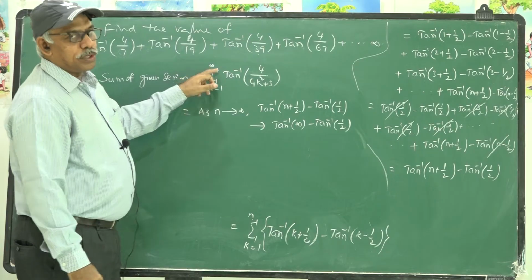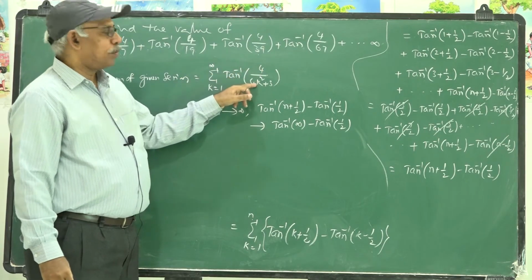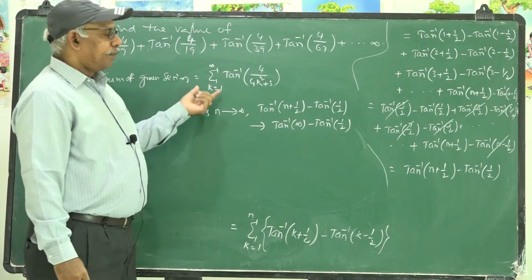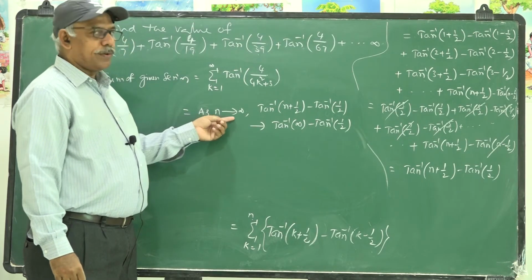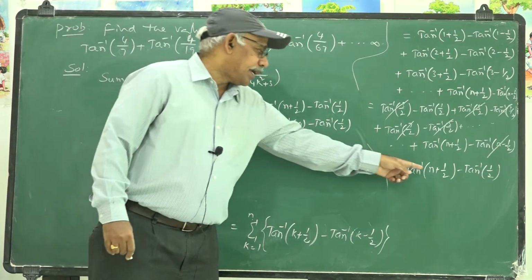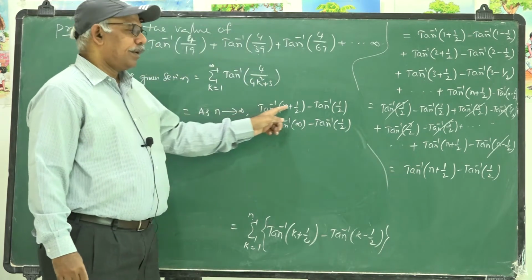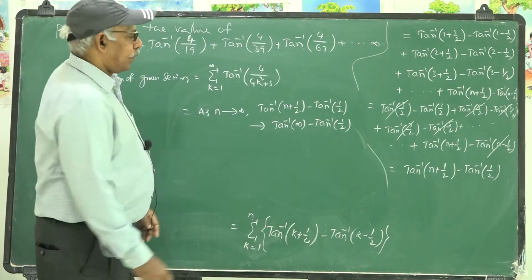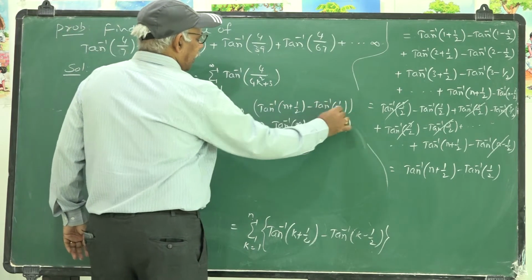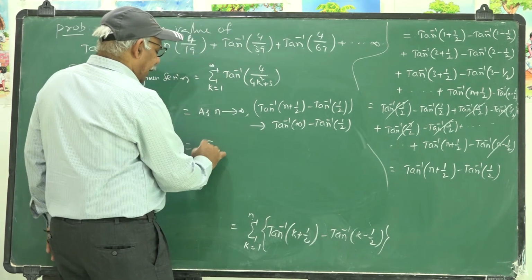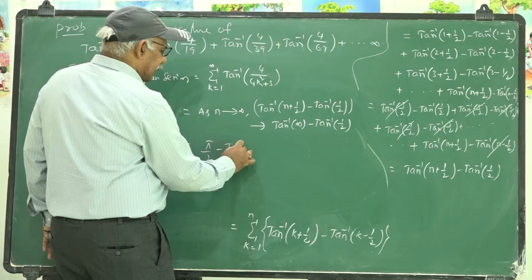The sum sigma k equal to 1 to infinity tan inverse of 4 by 4k square plus 3 may be taken as n goes to infinity, the number of terms goes to infinity. It goes to tan inverse infinity minus tan inverse of half, so that is equal to pi by 2 minus tan inverse of 1 by 2.